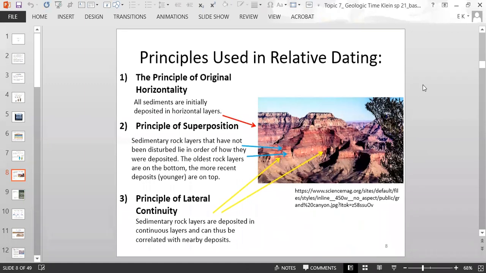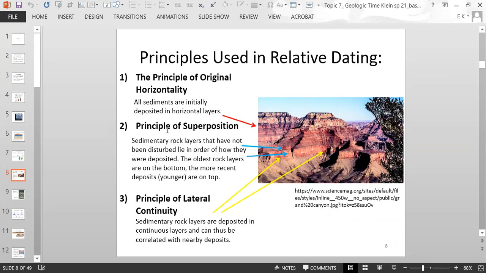Okay, so these are some principles that we use in relative dating. So we have the principle of original horizontality. That tells us that all sediments are initially deposited in horizontal layers. Then we have the principle of superposition.